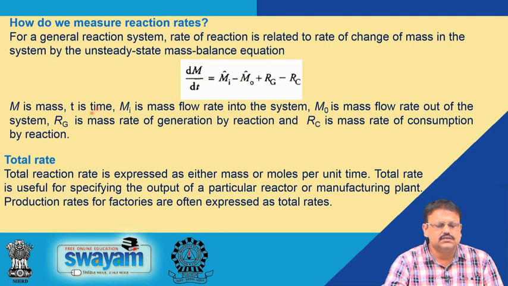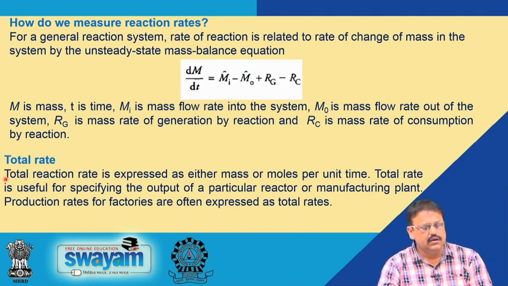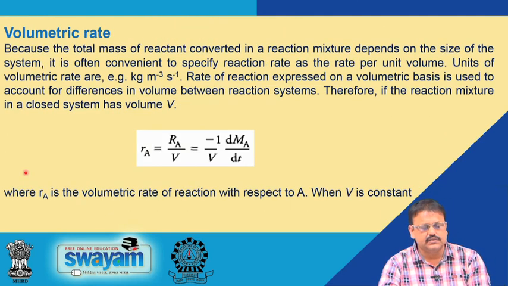Rg is the mass rate of generation, how much the microbes are generating, and Rc is the mass rate of consumption by reaction.